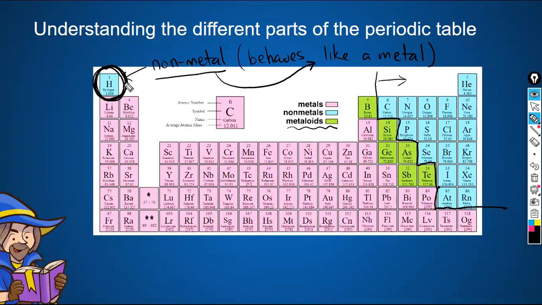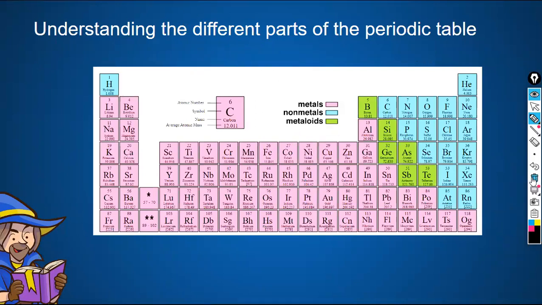Everybody think they're okay so far with that explanation, that hydrogen thinks he's a metal. He's not a real metal. He's just somebody who thinks he's a metal, and he starts behaving like a metal. And I'm going to show you that later down in class. Okay, great. Now, it has different groups over here, right? So let's go through the different groups.